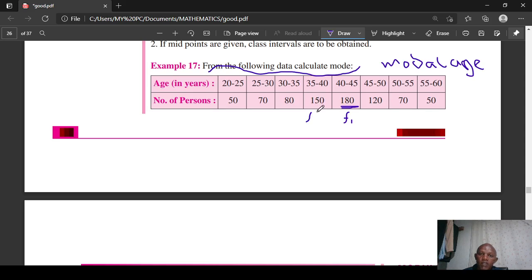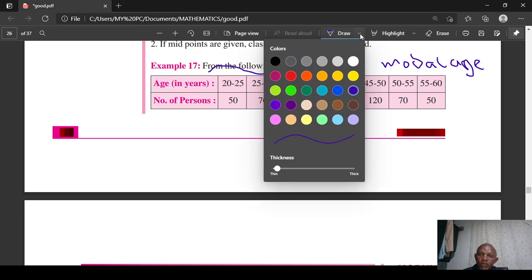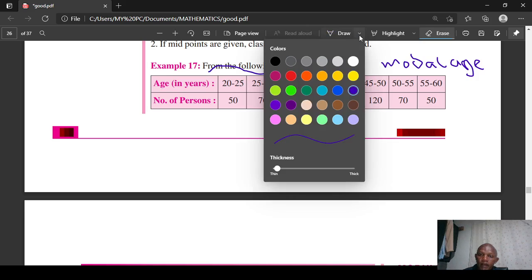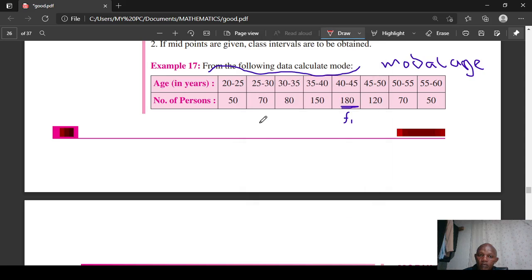So this becomes, let me use a different color here, let this be our F naught.